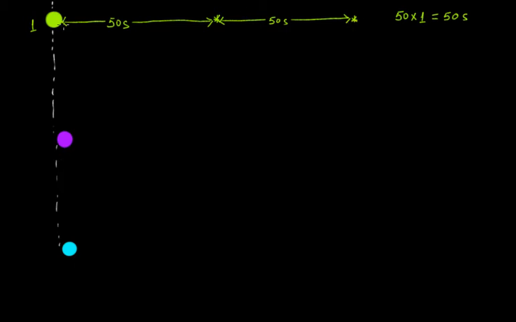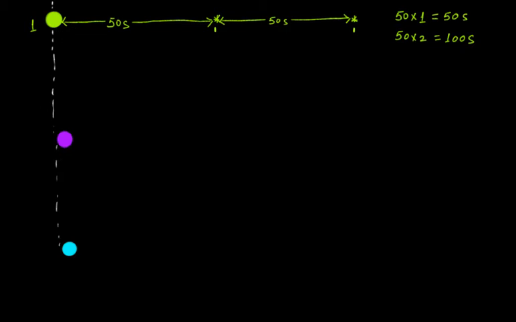It first changes at 50 seconds, and next it will change at 100 seconds, because 50 plus 50, that is 50 times 2, is 100 seconds from the initial reference point.